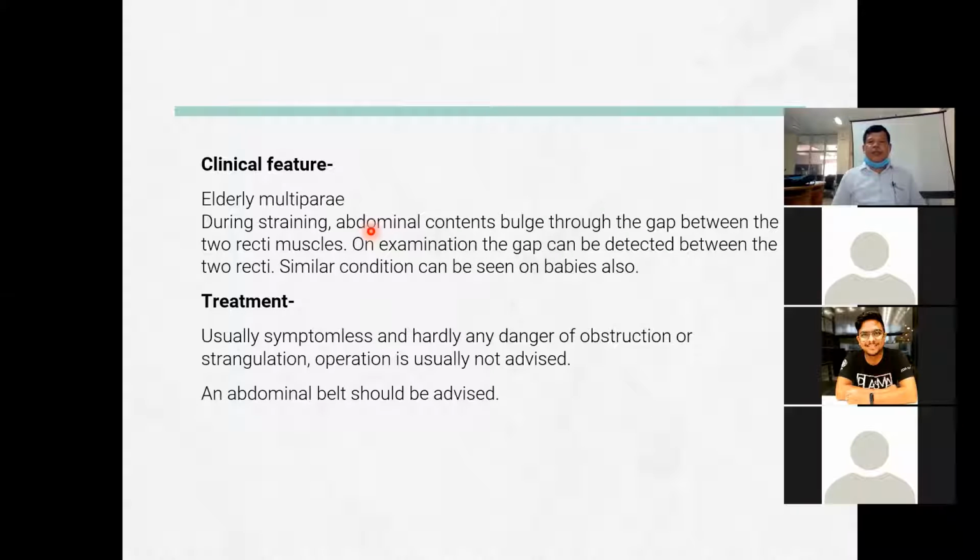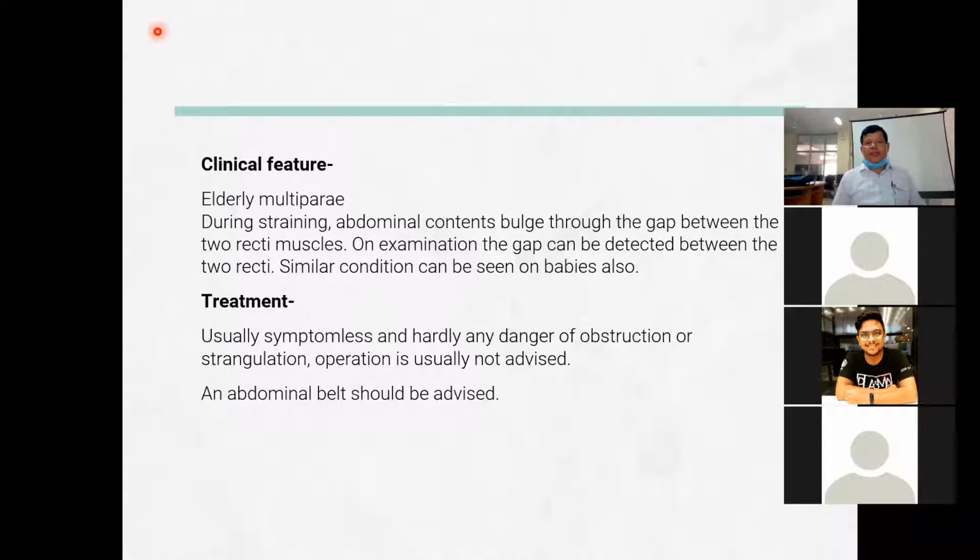So what are the clinical features of divarication of recti? Usually the patient is an elderly multipara female, but it may also occur in old age with weak musculature, even in male patients.